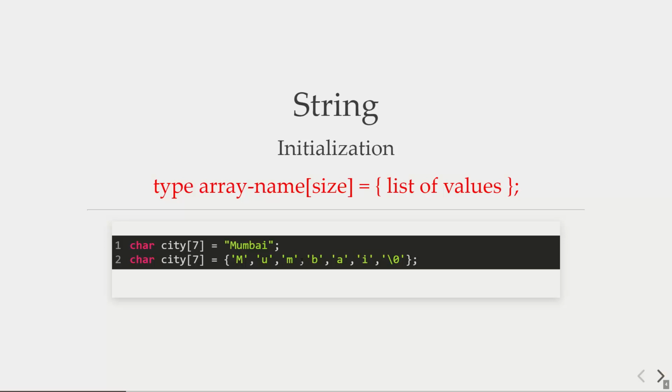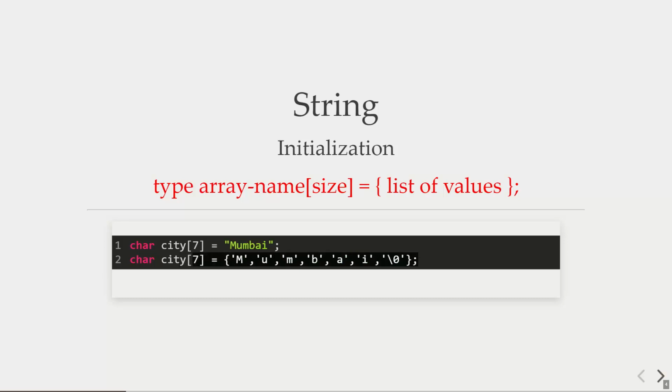Instead of integers, here the elements are characters. That's why every element inside the curly braces is inside single quotes. Always remember, if you are giving characters, they should be enclosed within single quotes, and if you are giving the entire string, it should be enclosed within double quotes. So this is one way of doing it.